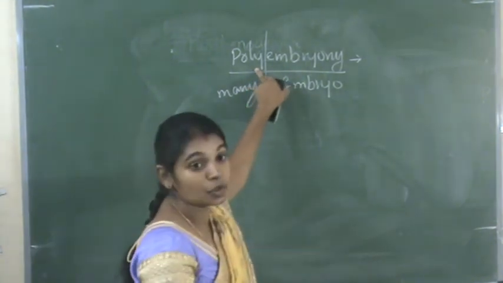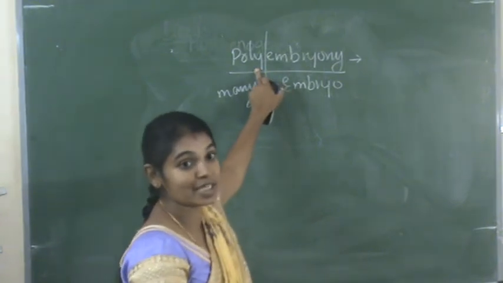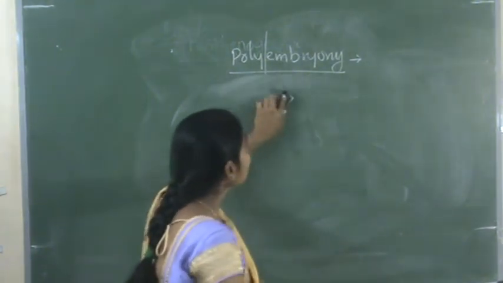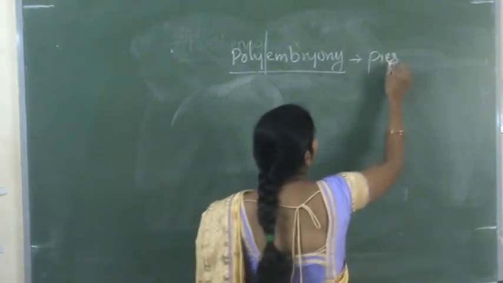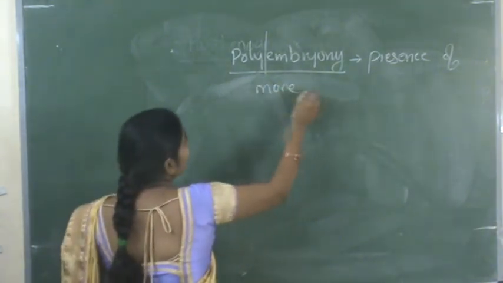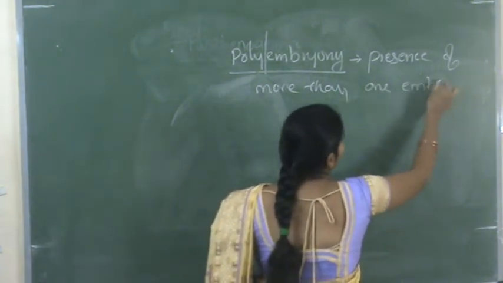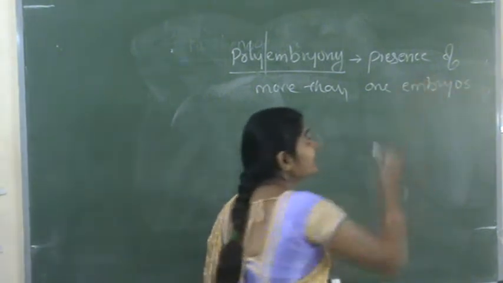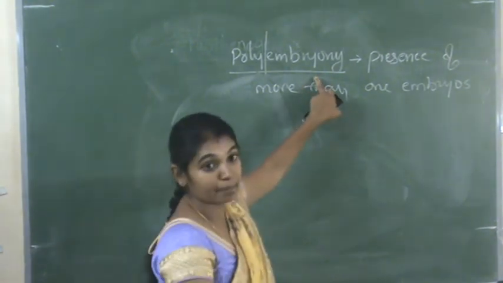So polyembryony is very simple. It is the process in which there is more than one embryo in the ovule. So that is called polyembryony.